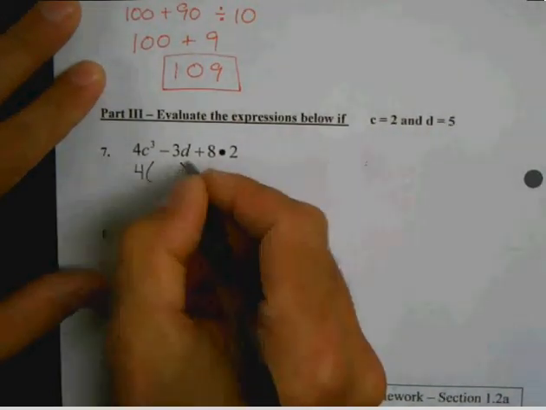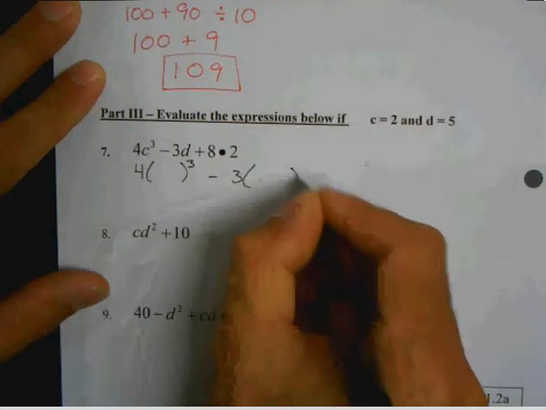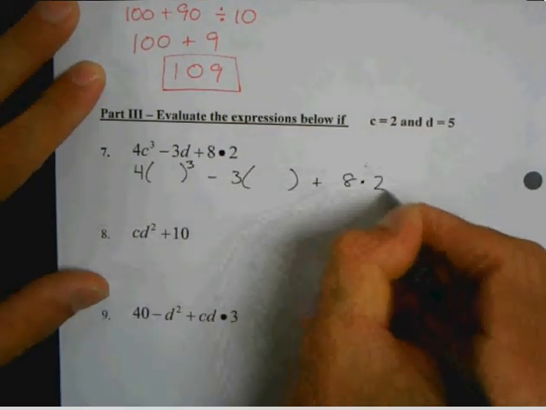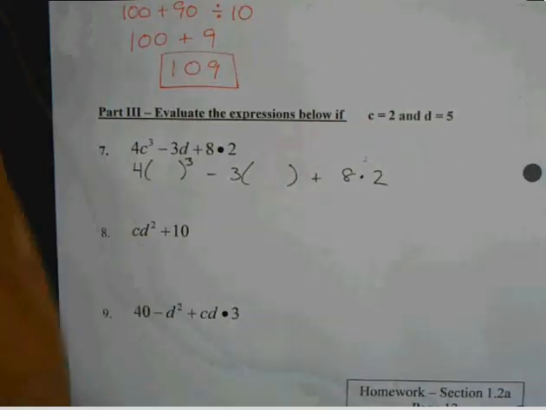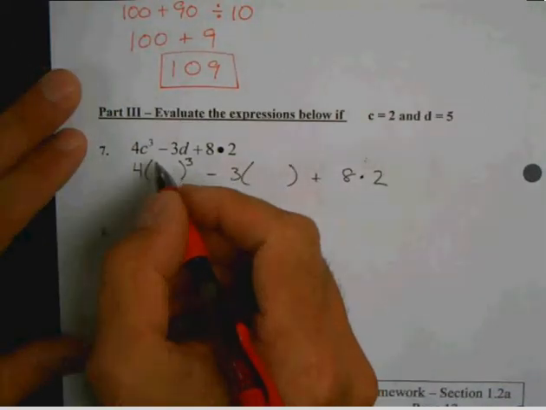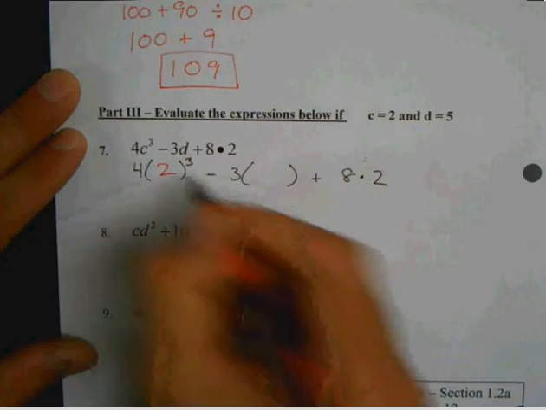So I replaced the C, I replaced the D, and I wrote the rest. Nothing else changed. Now what am I going to stick in that first parentheses? What is the value of C? 2. What's the value of D?